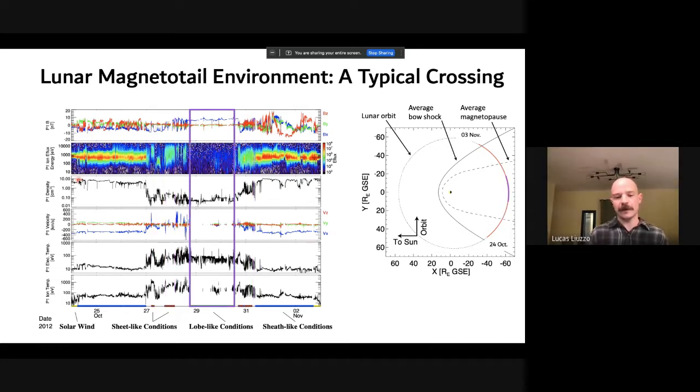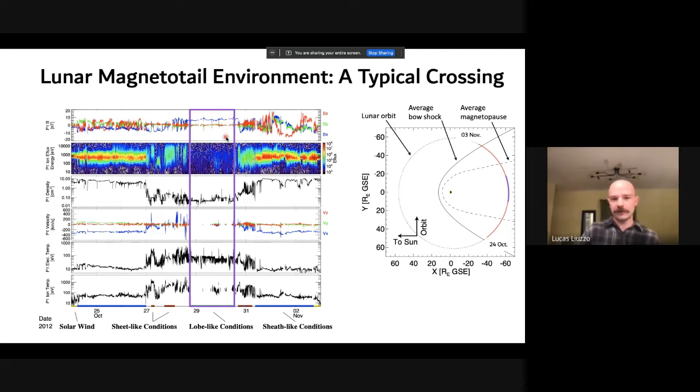And the final type of region that Artemis can see, or that the moon can be exposed to during a magnetotail crossing, are the Magnetotail lobes. The biggest difference of the lobe population is that it's characterized by an extremely low flux of plasma, really low flux of ions and electrons, that at times even corresponds to essentially no or very minimal instrument counts in the instruments on board Artemis.